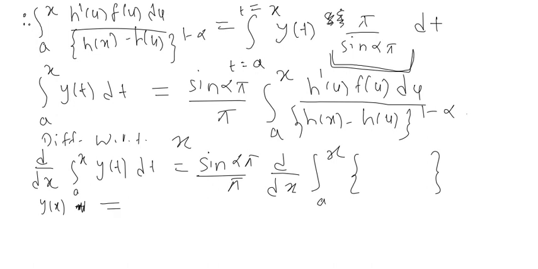sine of alpha pi by pi. Here it will be d by dx of integral from a to x, then whatever is there inside.